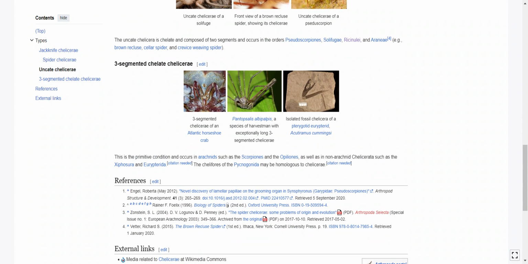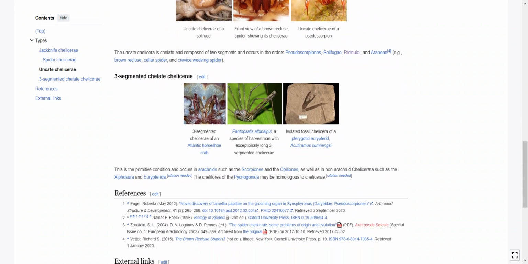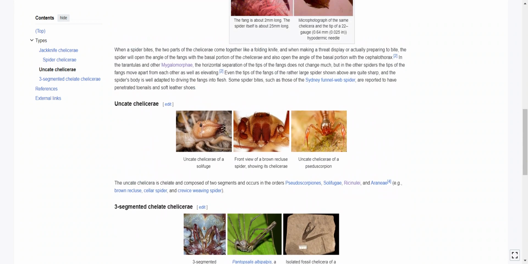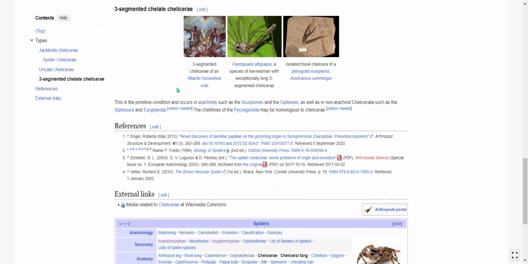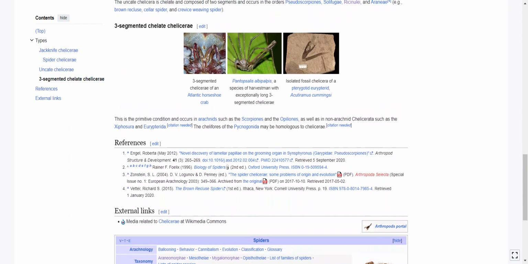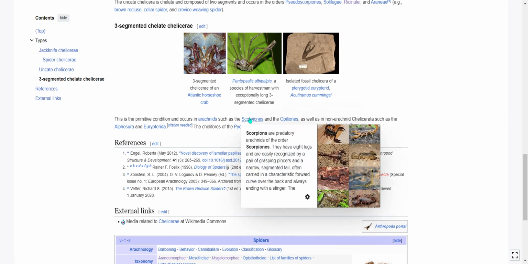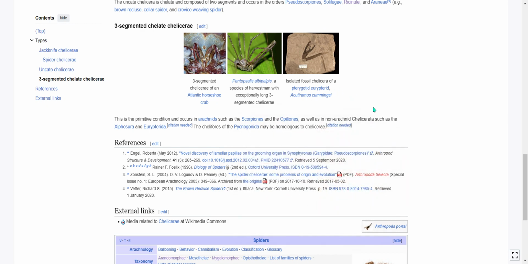So I suppose that means that this is what the fossil record indicates was first, and then these two other types, the jackknife and the scissor, spun off of the three-segmented chelate. Primitive condition and occurs in arachnids such as the scorpiones and the opiliones, as well as in non-arachnid chelicerata such as the Xiphosura and the Eurypterida.